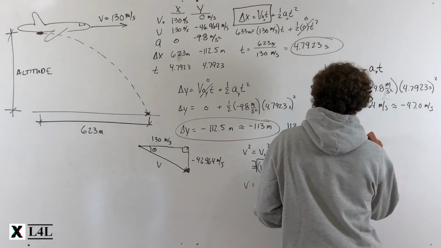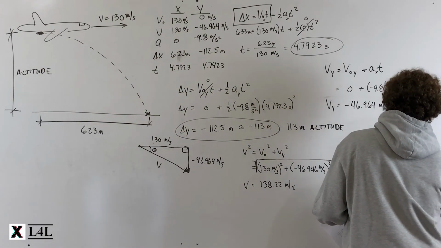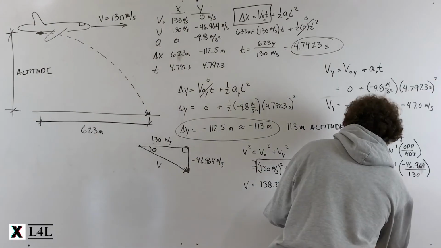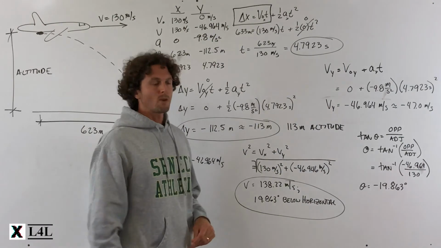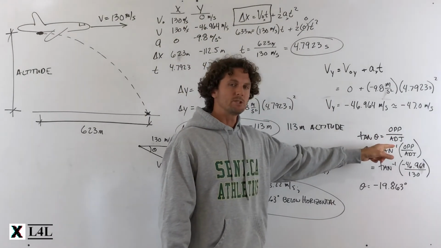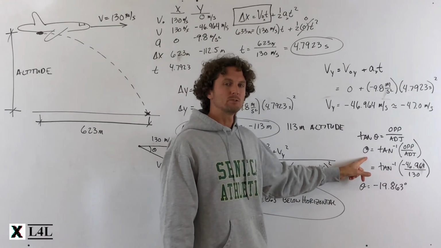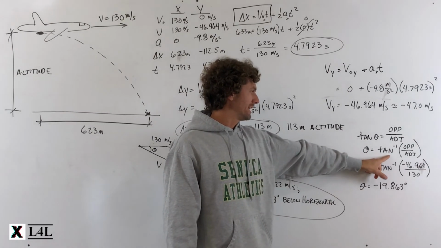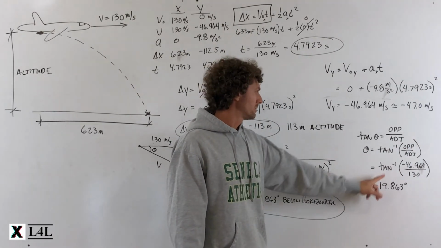So the tangent of theta is opposite over the adjacent, but I need the inverse tangent of that function to find the actual angle.